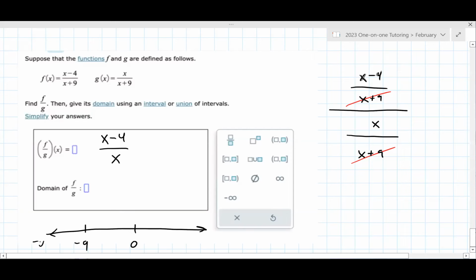So you're excluding those two values. And you need 3 intervals this time. So it'll be -infinity to -9, union -9 to 0, and then 0 to positive infinity. Yes.